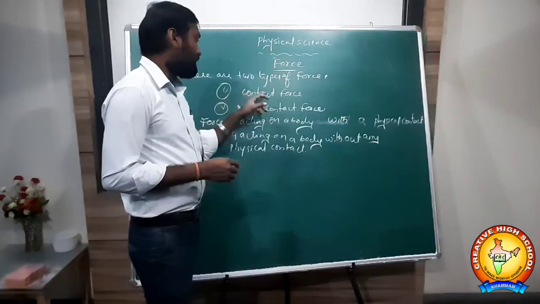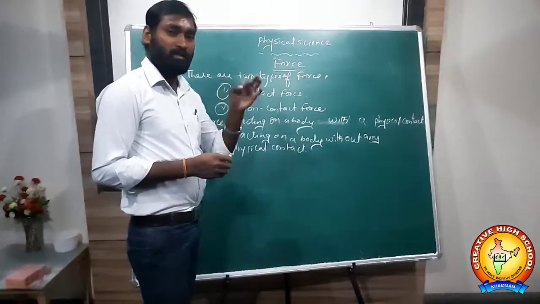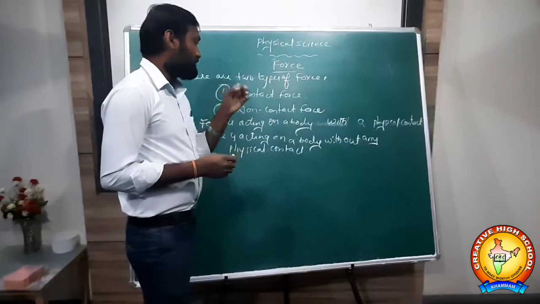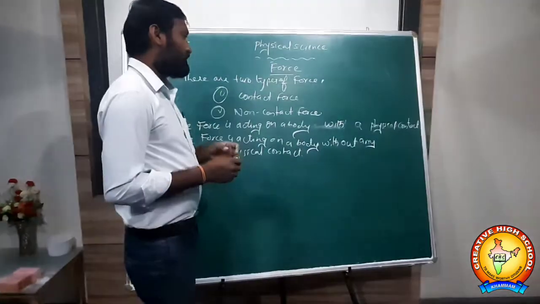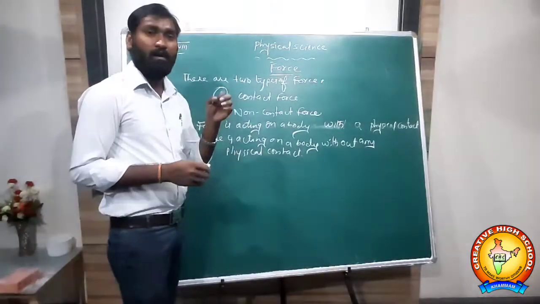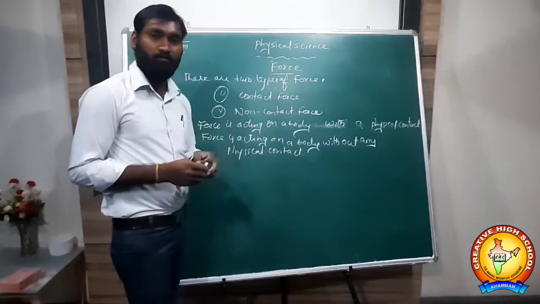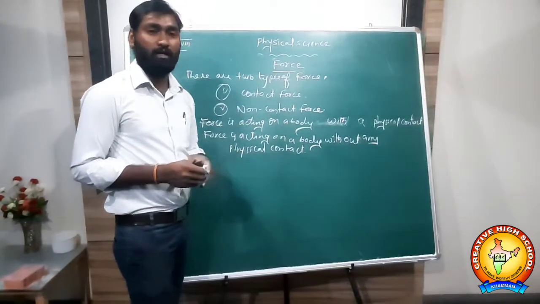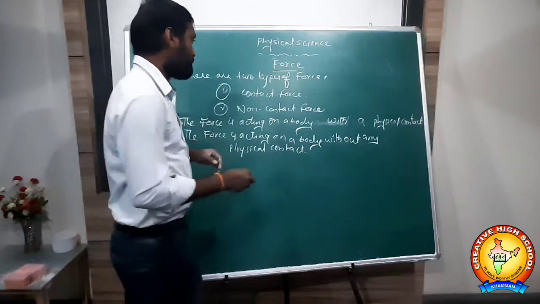Do you know examples for contact forces and non-contact forces? Muscular force is one example of a contact force, and frictional force is also an example of a contact force. Normal force, tensional force. These four are the contact forces. What are the contact force examples?